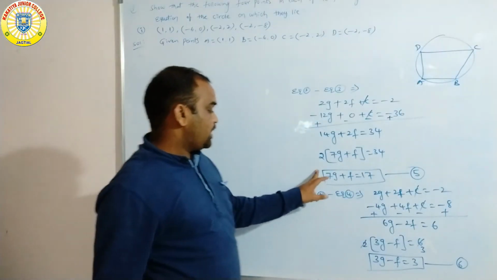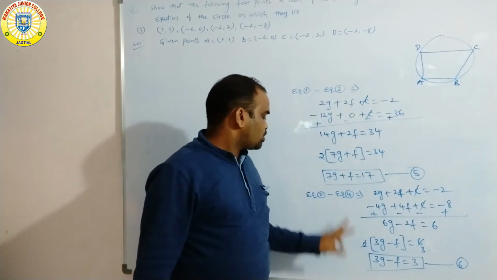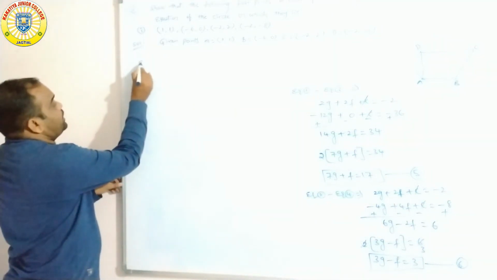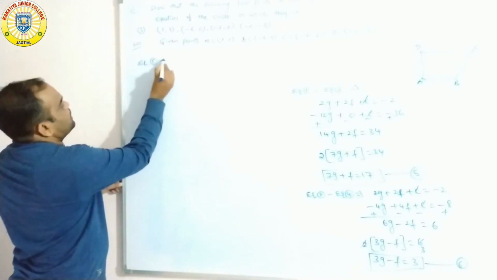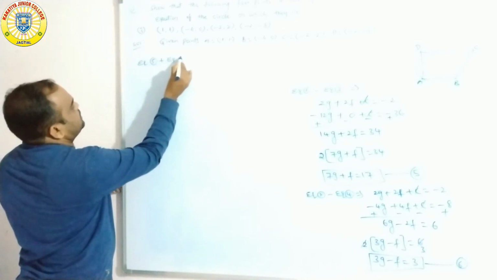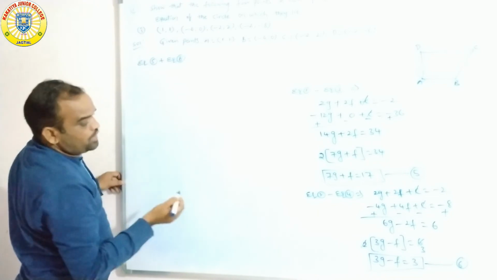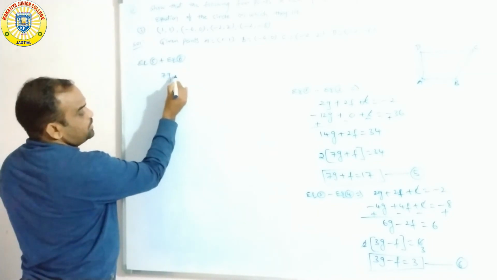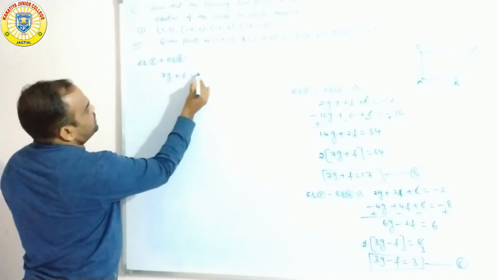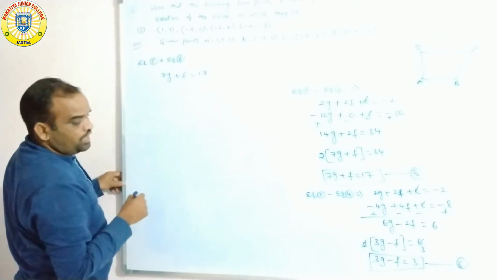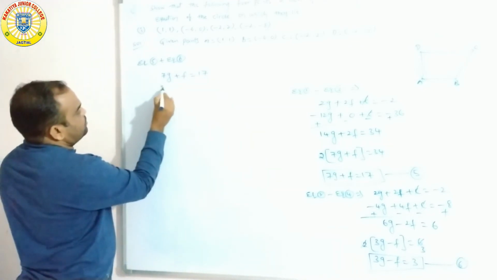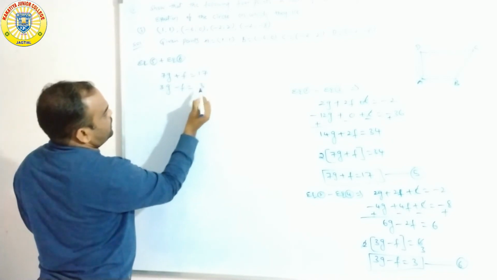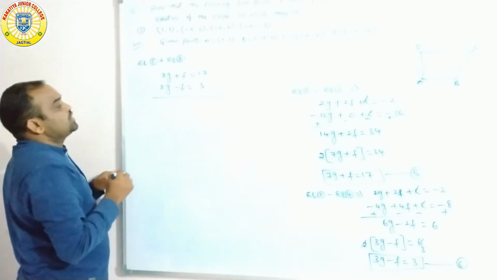Plus f is there, minus f is there, that's why we are doing equation 5 plus equation 6. Equation 5: 7g plus f is equal to 17. Equation 6: 3g minus f is equal to 3. We are adding these two equations.